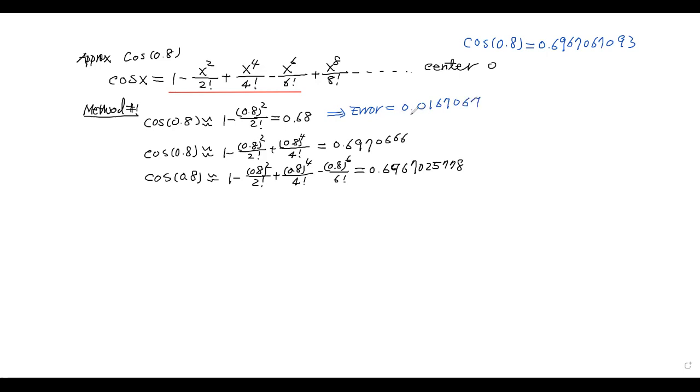It's pretty good, very close to the second decimal place. For the second one, the error is 0.697066 minus cosine 0.8, which will be 0.00035995. Wow, I only used three terms, and it's already close to the fourth decimal place. That's a pretty good estimation.